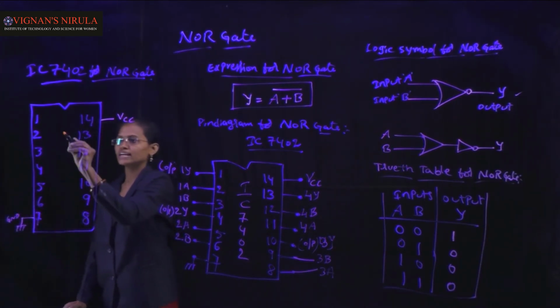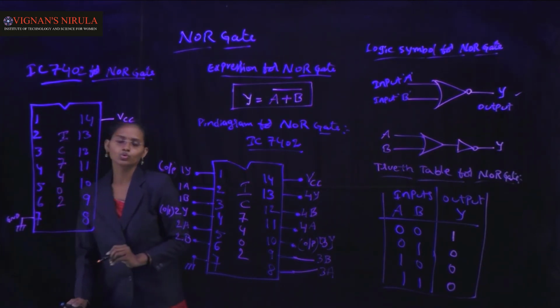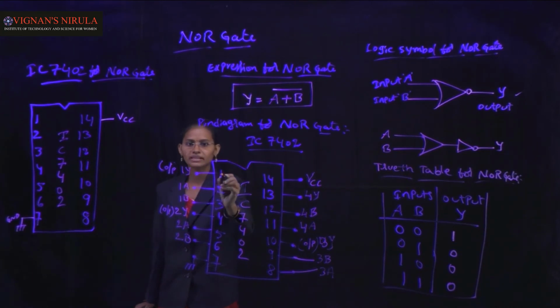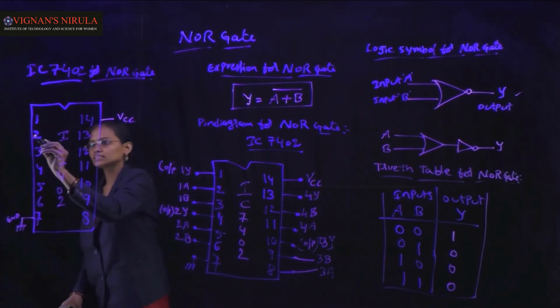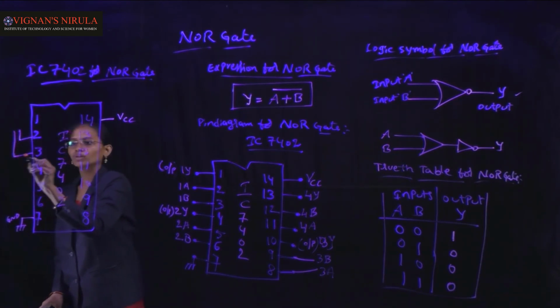Here we are using the IC number IC 7402. Here the first pin is connected to the output, and second pin is input to the NOR gate.